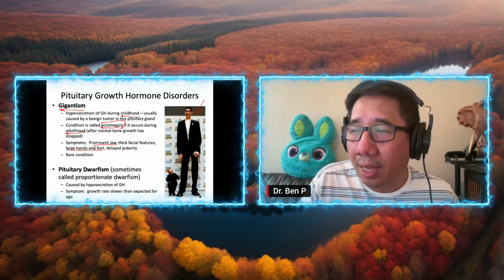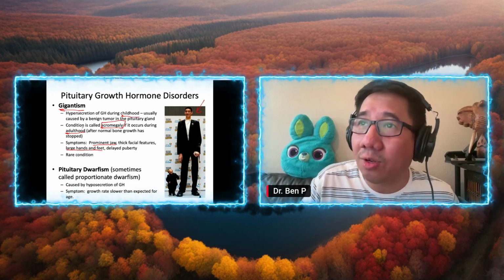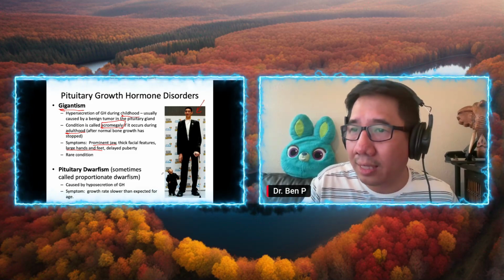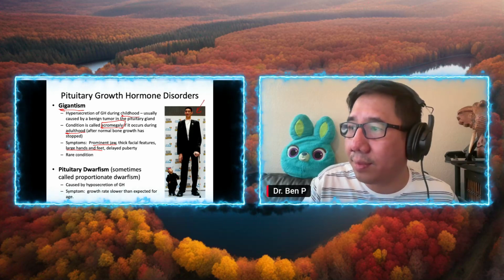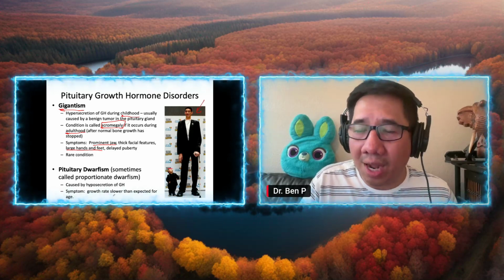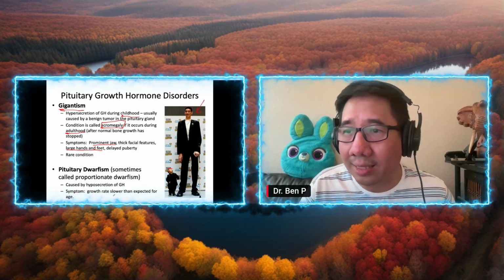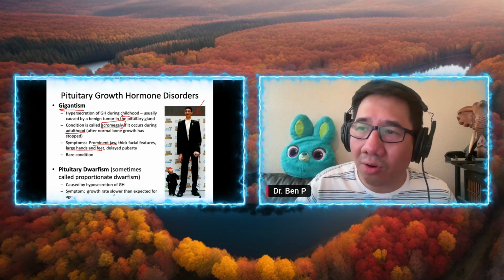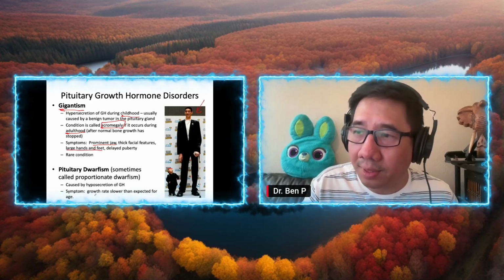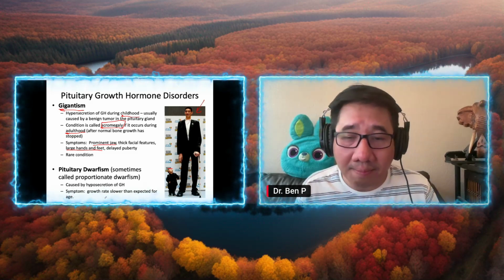Another one, the opposite, where you have too little growth hormone, is called dwarfism. Dwarfism is when you have very little growth hormone, and this is during pregnancy or even before you're born. They are very, very small. There are many types of dwarfism.